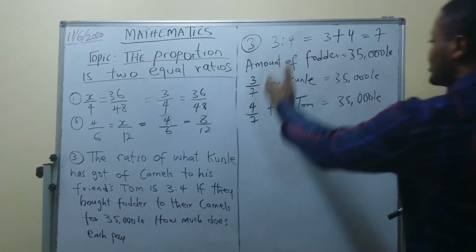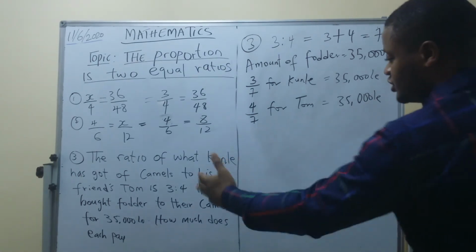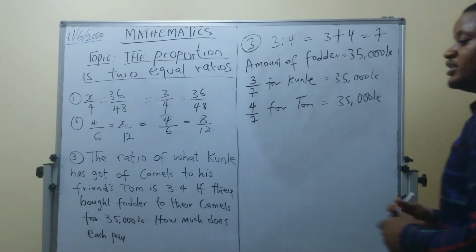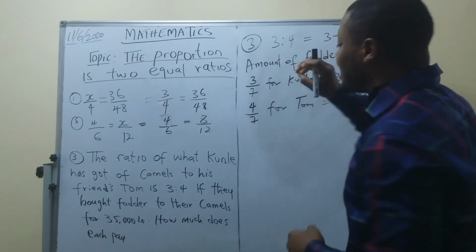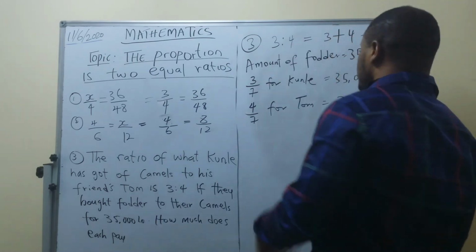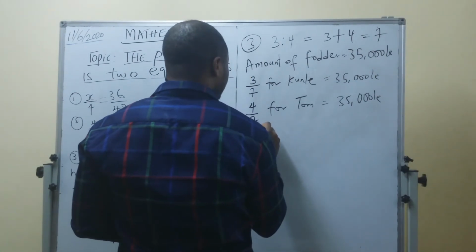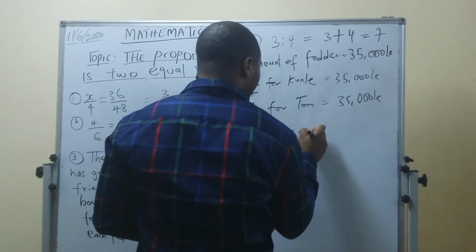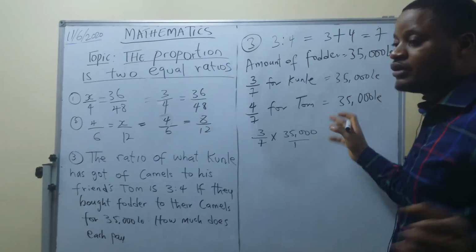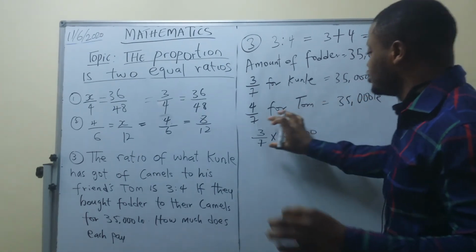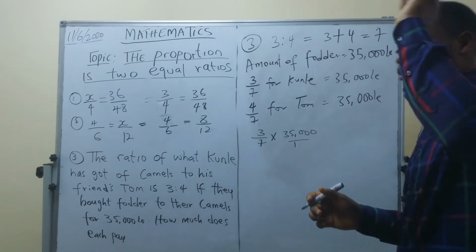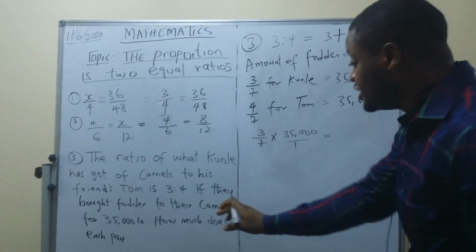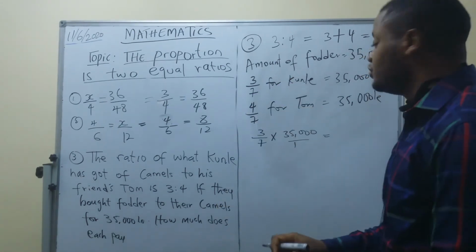Now I've gotten each fraction for each individual: this is the fraction for Kunle and this is the fraction for Tom. From these fractions, I will get the amount each of them paid. So 3 over 7 times 35,000 over 1. You can give it an invisible 1, or leave it like that. This is one fraction, like we did in the previous class, but in this problem we are finding the amount for each individual.